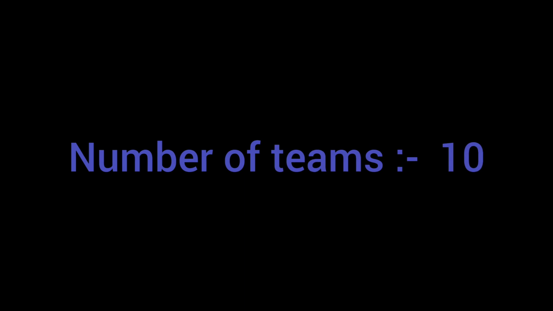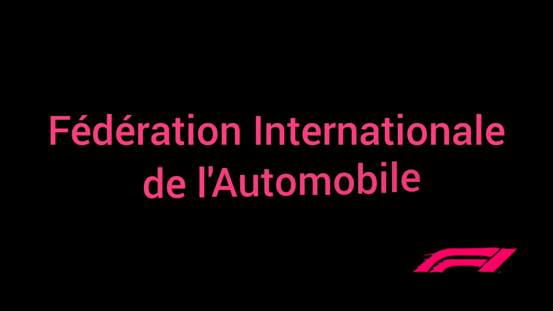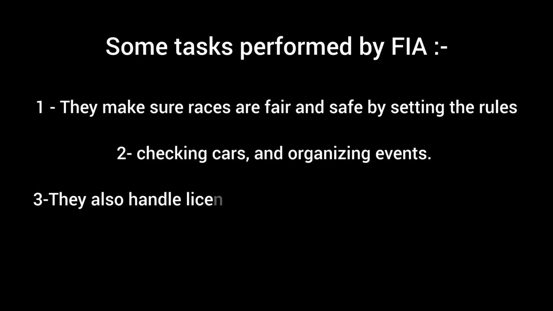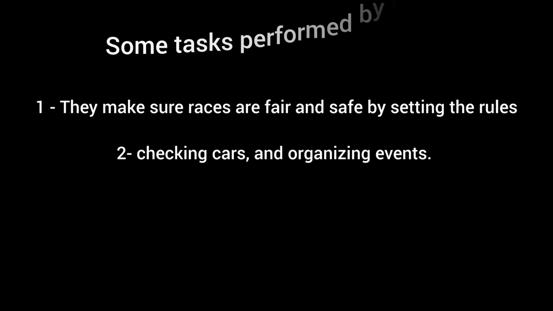Okay, so the third one we have is participants and teams. In Formula 1, basically there are 10 teams. Each team can have 2 drivers, so there are a total of 20 drivers participating in every F1 season, but it can vary according to the rules and regulations of the FIA, which is the federation that sets the rules and regulations, ensures safety standards, and watches over the consistency of Formula 1 competitions worldwide and their conduction.